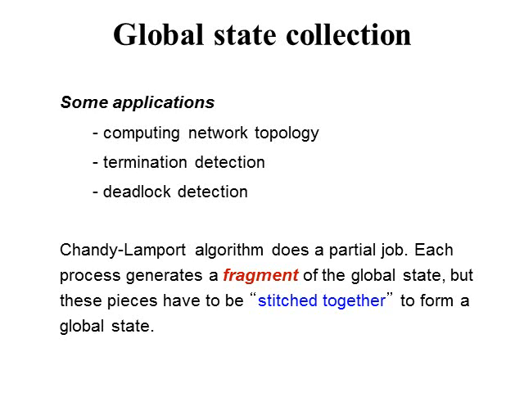Now, as indicated in the slide, we can see that the Chandy-Lamport algorithm does only a partial job of finding the global state of all the processes in the system.